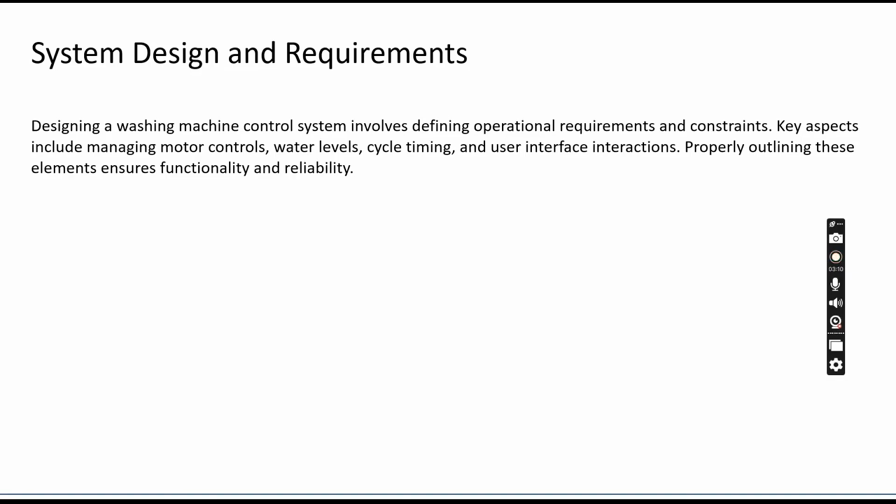It then controls outputs like the drum motor, water pump, and valves. For example, the ADC module converts analog sensor signals into digital data, while the timer ensures precise control of wash, rinse, and spin cycles.